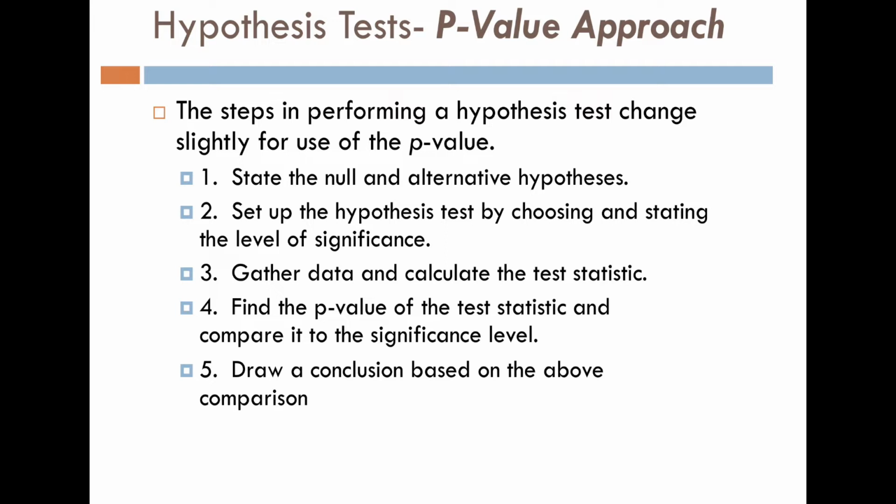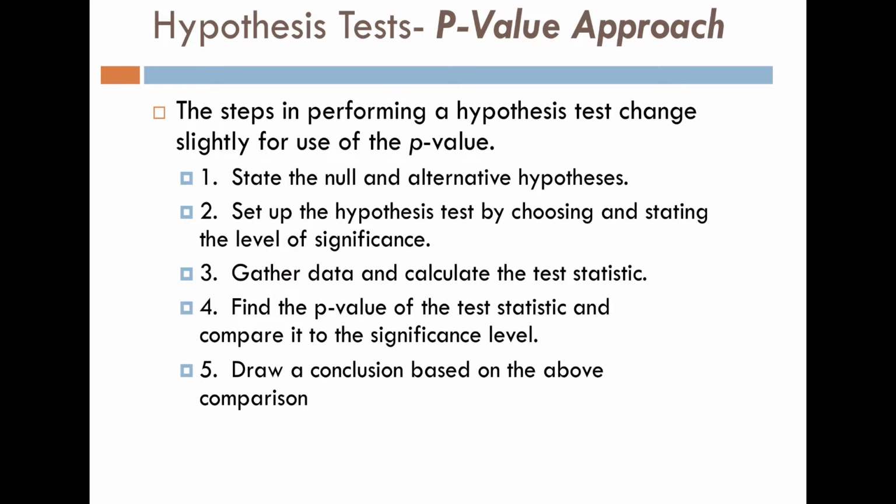And then for our alternative, look at what the researcher believes about that particular value, whether it's greater than, less than, or just not equal to. So we're going to create those things. And then we are usually given, but as a researcher, we want to state the level of significance we want to do our test at.